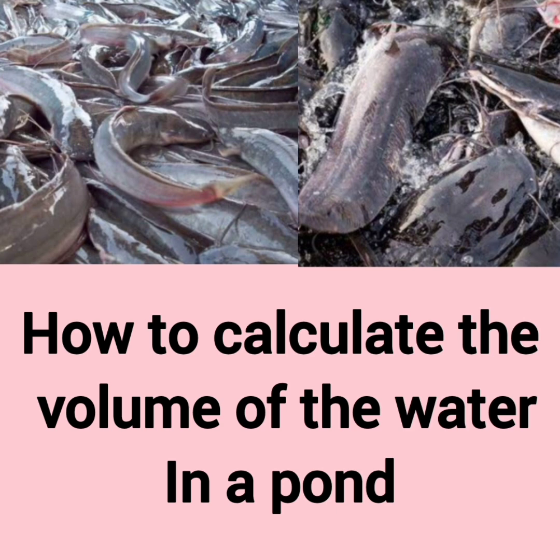So therefore, the volume of the pond now is length times width times height. That is 60 times 40 times 1.5, which will now give us 36,000 cubic centimeter.